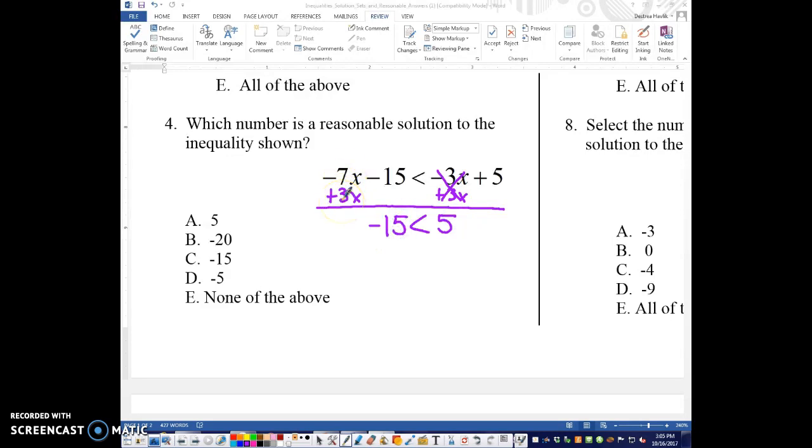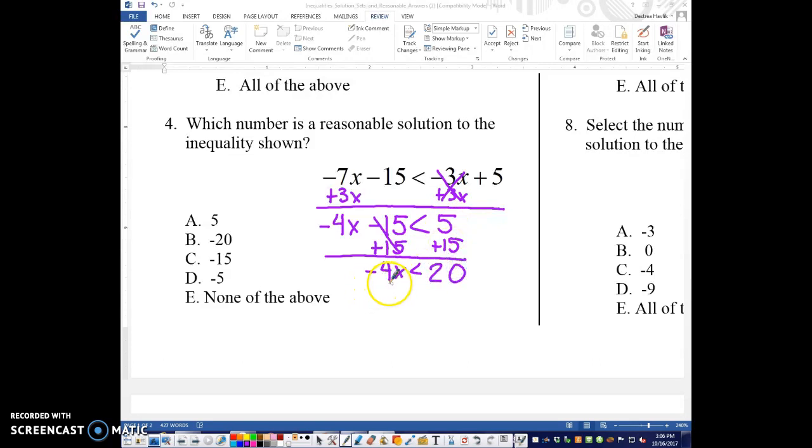Negative 7 plus 3 is what? Remember, negative 7 plus 3 is what? Negative 4x. All right, what's our next step here? We need to add the 15. So negative 4x is less than, what's 5 plus 15? 20.